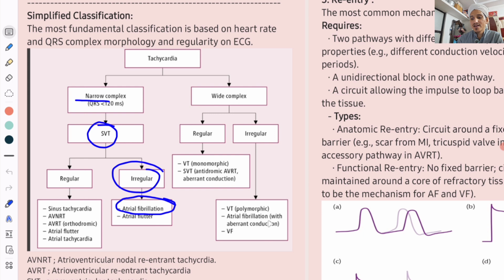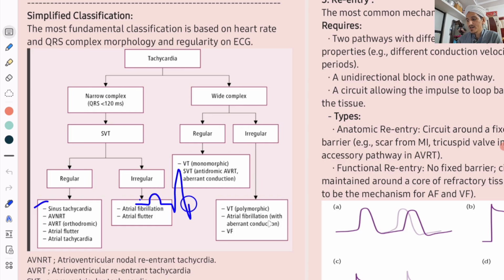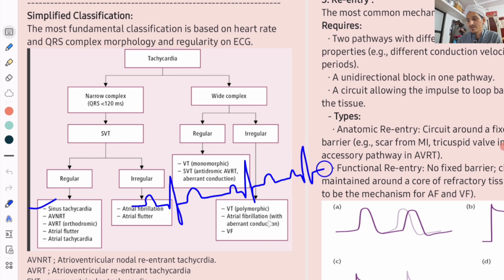If the RR intervals are regular, then it can be sinus tachycardia. In sinus tachycardia, what will be there? Normal things. There will be a P wave, a QRS complex, a T wave, again a P wave, QRS complex, T wave, P wave, QRS complex, T wave.